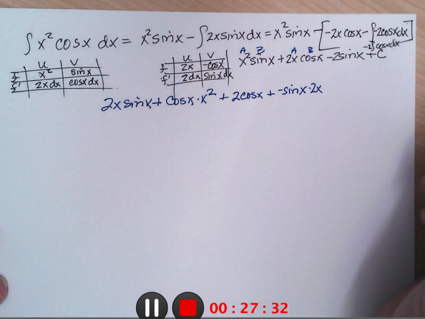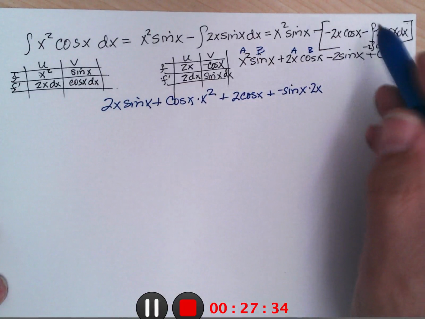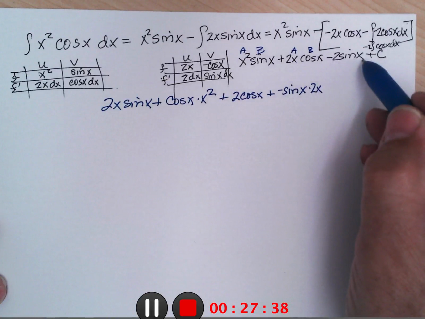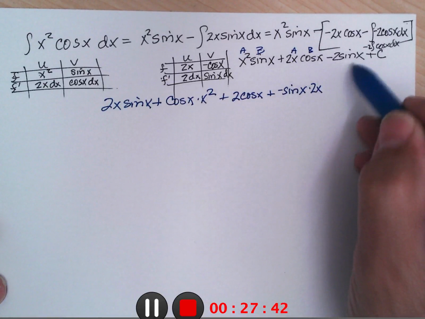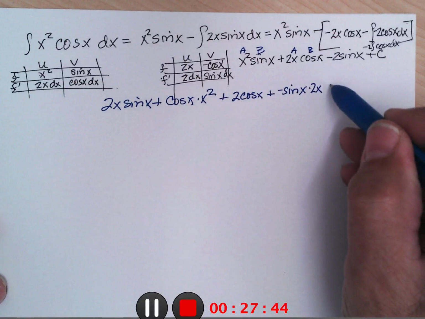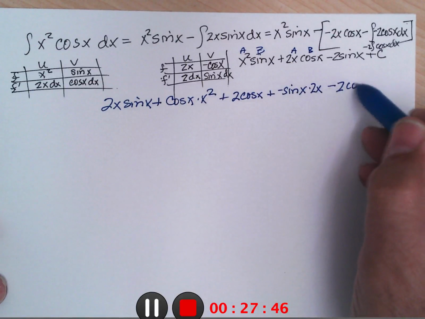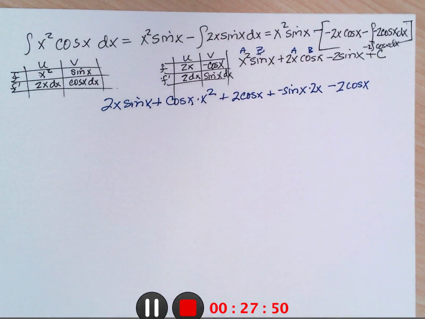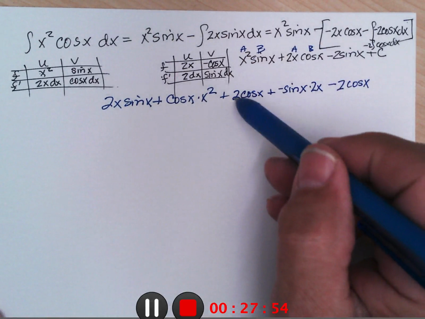And then we have minus 2 sine x, the derivative of which, the derivative of sine is cosine, so minus 2 cosine x, and the derivative of c is 0. All right, let's see what we got here. 2 cosine x minus 2 cosine x.